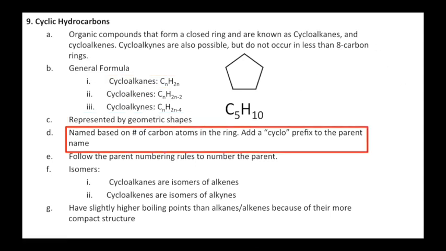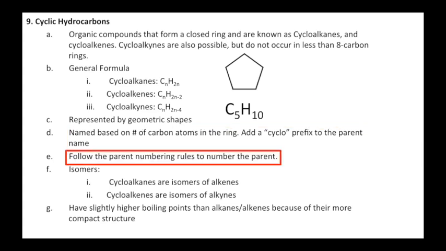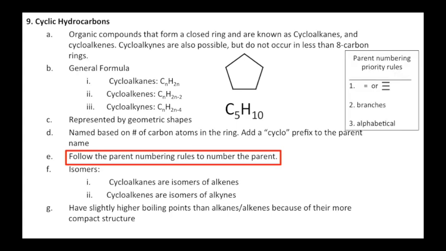Okay, so the name is based on the number of carbons. So 5 carbons is pentane. When it's ring-shaped, it's cyclopentane. Okay, next. We follow the parent numbering rules to number the parent.